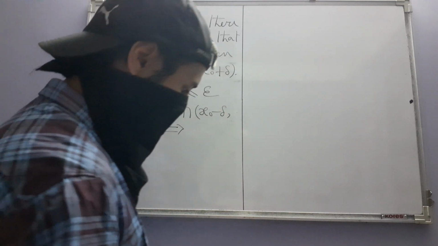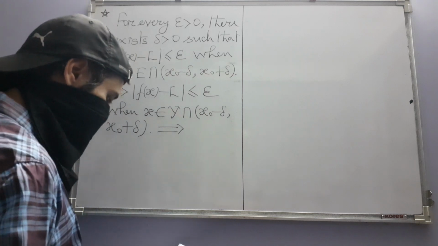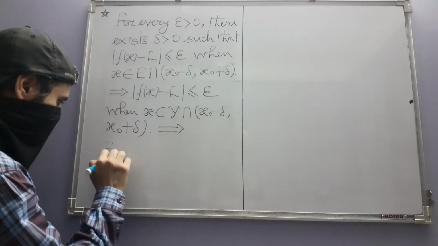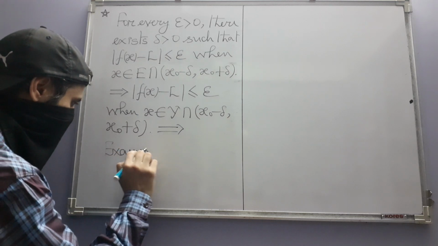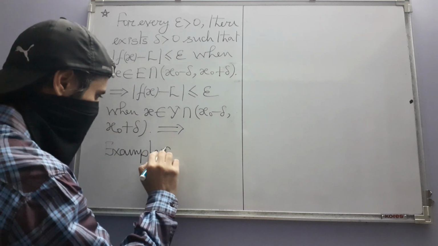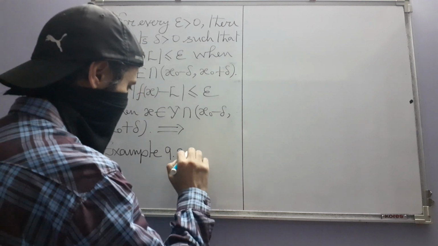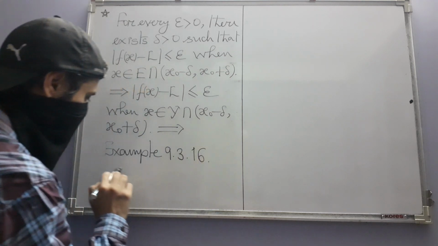And the example that comes after this is, I can write here itself. Line 3, 16, item number 16.